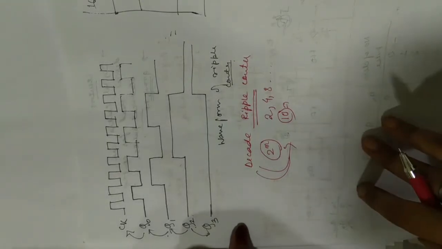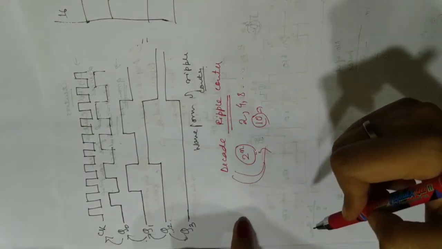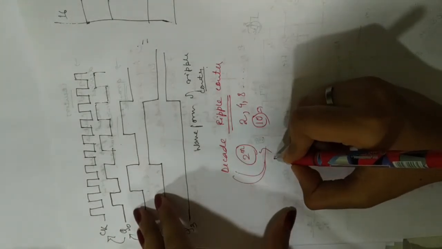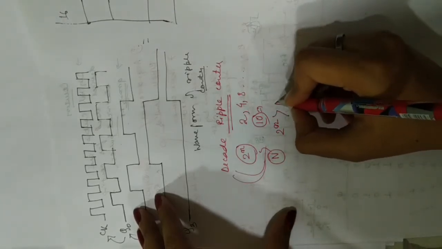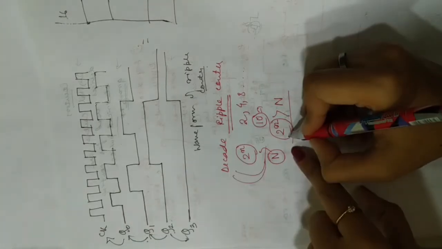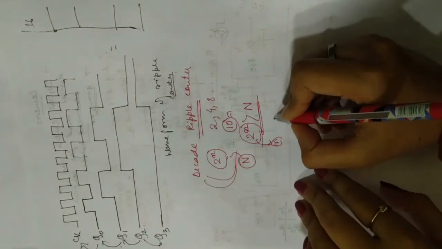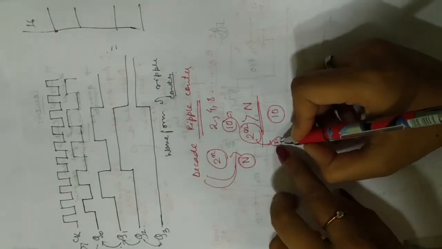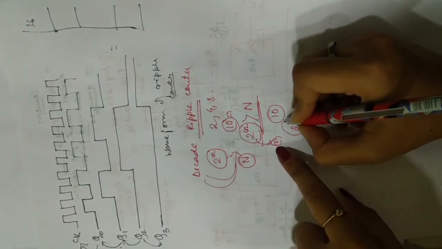So how to construct that? The rule is, you need to attach flip-flops to obtain a ripple counter, right? So if you want to make a ripple counter of modulus N, the number of flip-flops required will be the smallest value of n for which 2 to the power n is greater than or equal to N. That means if we want to create a mod 10 counter, the lowest value of n for which this holds is 2 to the power 4, right?